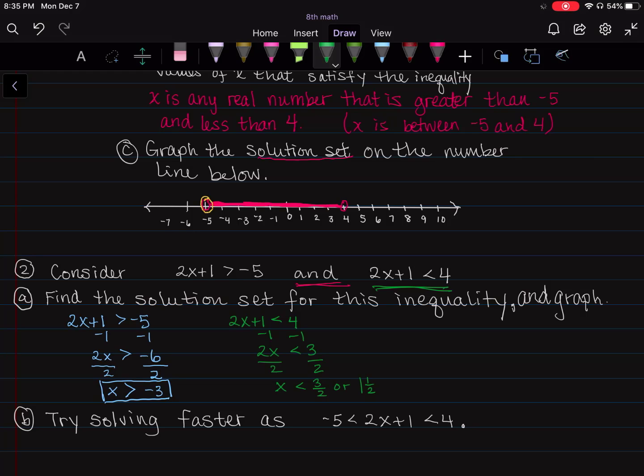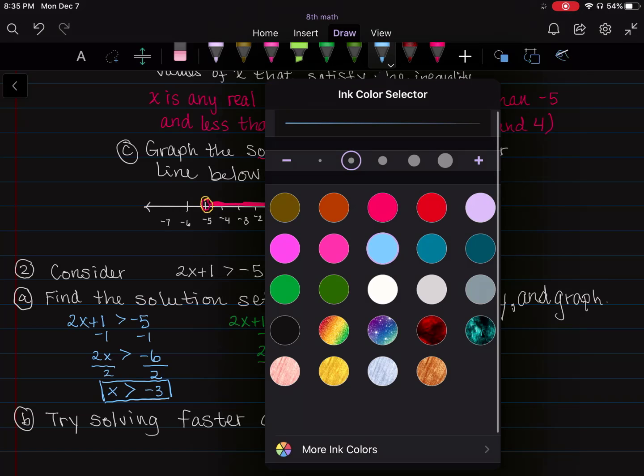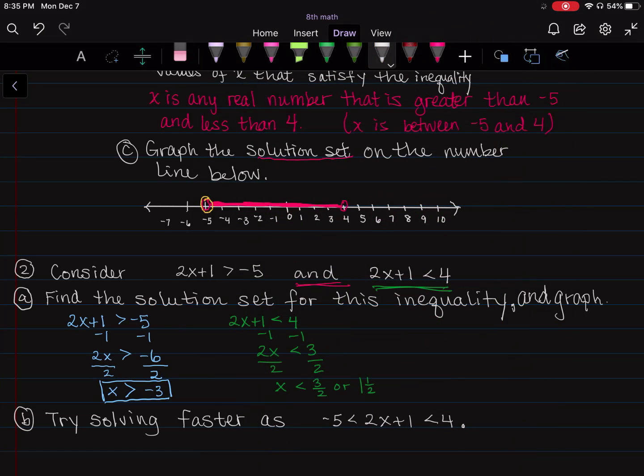In algebra class, we very often want to keep things in what we call improper fractions instead of writing it as a mixed number. Let's graph the solution to this now on the number line. I have a number line. We're going to graph in blue, and in green I notice that I'm going to need to mark where negative 3 is and where 3/2 is.